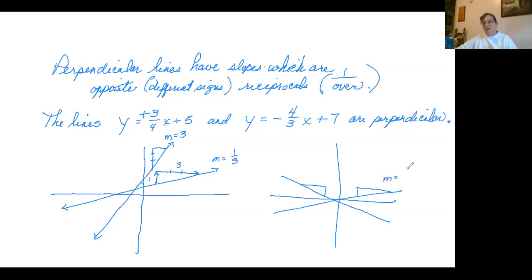So this could be about 1/3, and this could be about negative 1/3. And it's not perfect, but you can see there's not anywhere close to being at right angles, which is what perpendicular means.